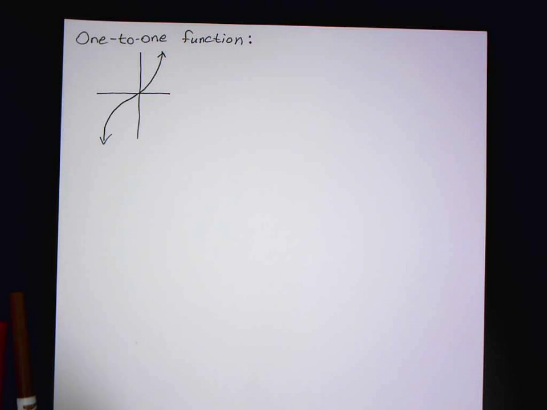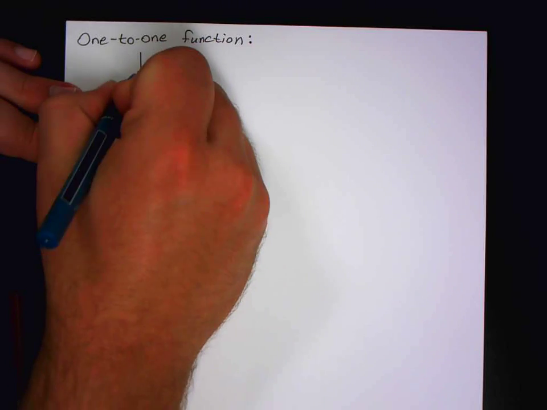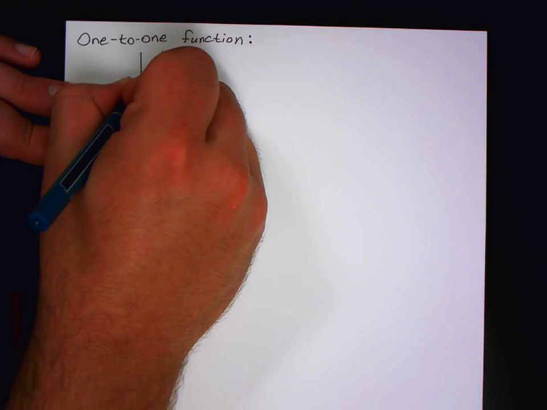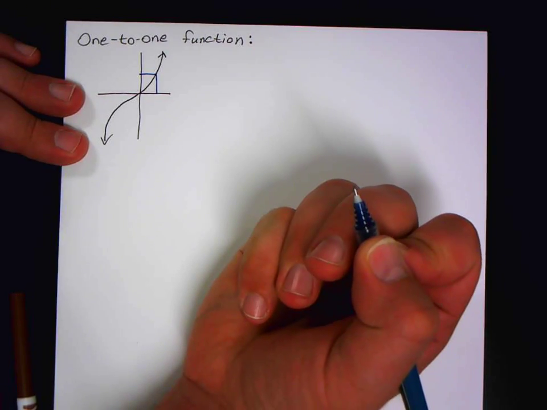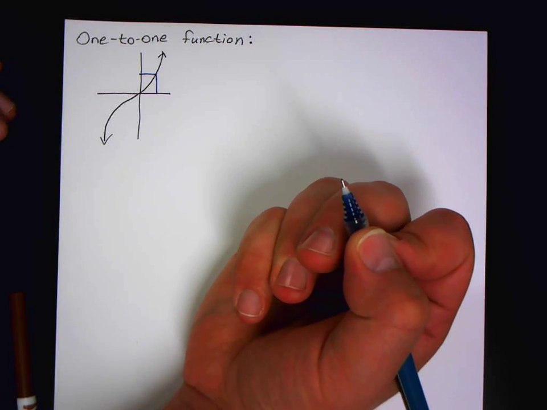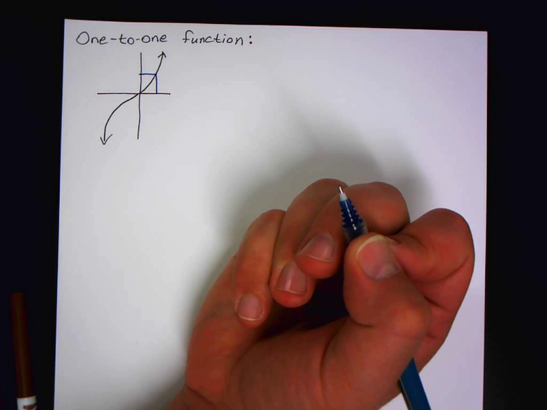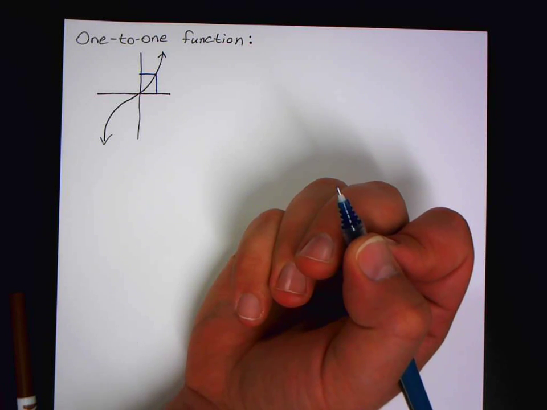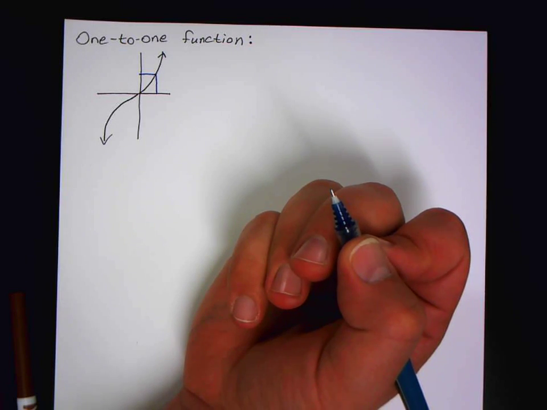What happens with these is every x value only has one y value, but also every y value only has one x value. So that's kind of your definition of a one-to-one function.